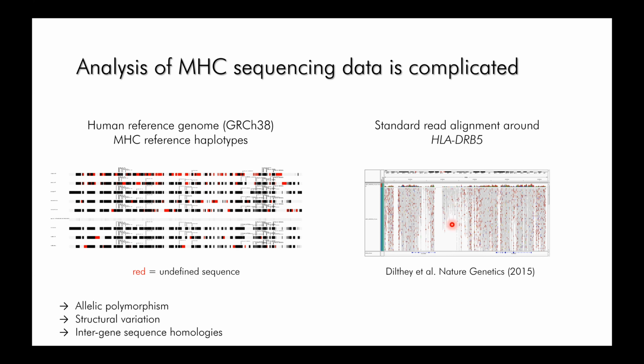And then last but not least, the allelic polymorphism interacts with the fact that there are also sequence homologies between the genes. So not only are the genes within themselves very polymorphic, different alleles at different genes can also be highly similar, which adds another layer of complexity to the read mapping problem.